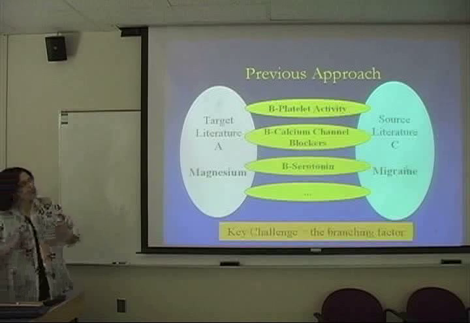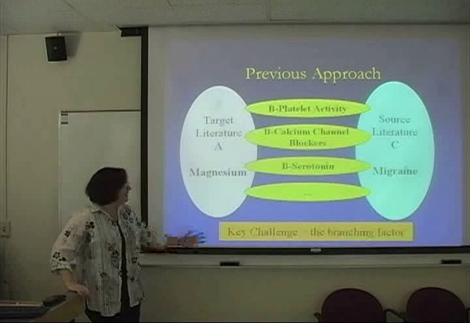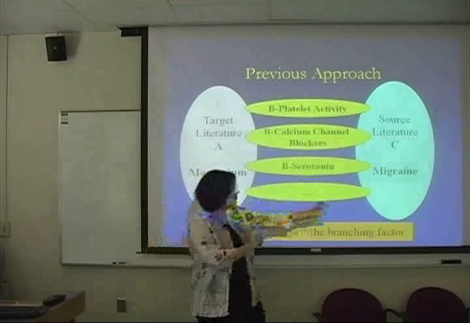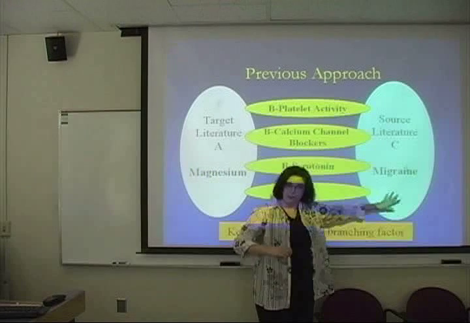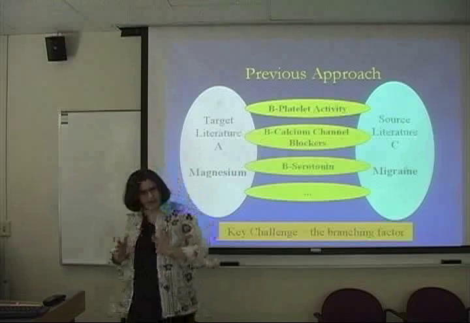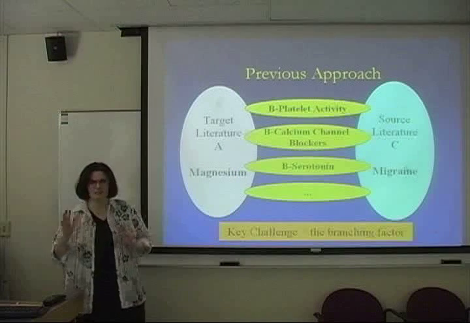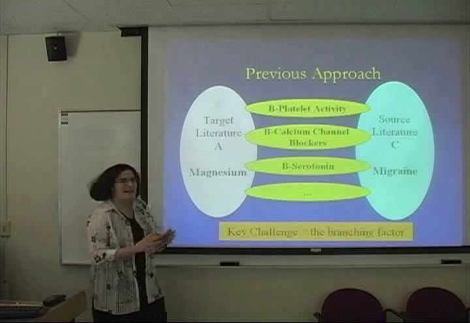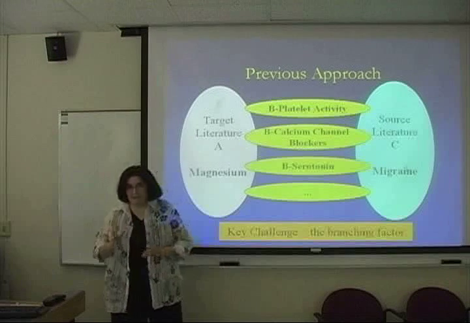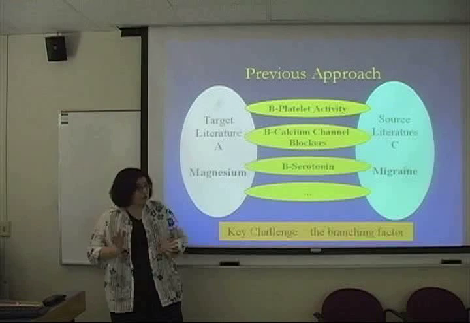The biggest challenge of this approach is this notion of a branching factor. So if we do in fact get all of the articles on migraines, at the time that Swanson did this study, there were about 2,500, I think 2,630 something. If you search for every word in every one of those 2,000 plus documents, that's a lot of words.